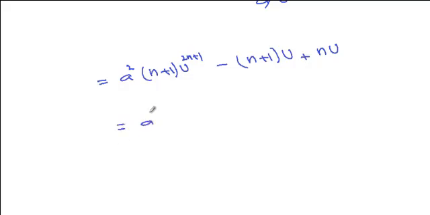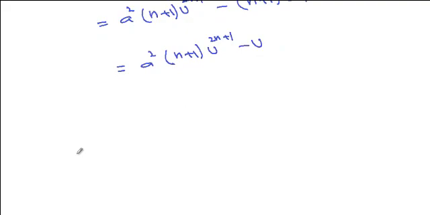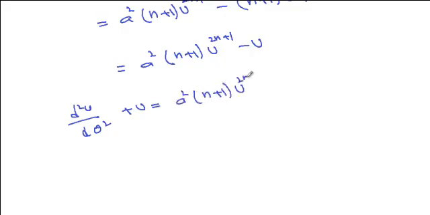So this can be written as A²(n+1) u^(2n+1) − u. So this can be written as d²u/dθ² + u = A²(n+1) u^(2n+1).